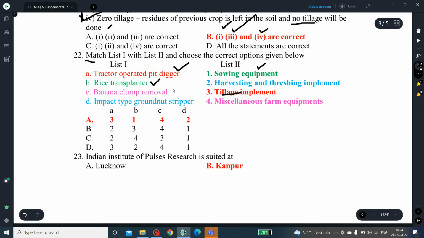Banana clump removal is the miscellaneous farm equipments. Impact type ground stripper is the harvesting and threshing implement. The option A, that is 3, 1, 4, 2 matches respectively with A, B, C and D.